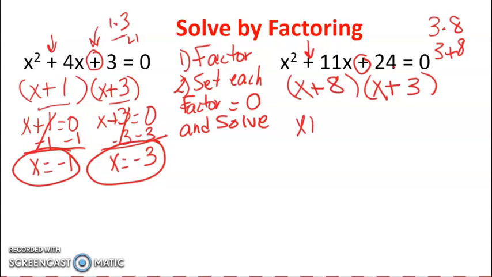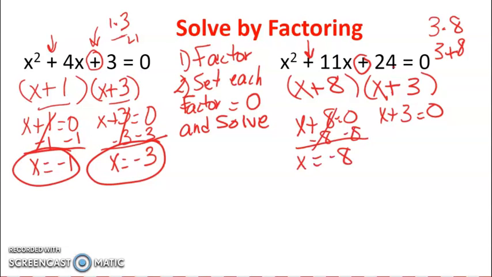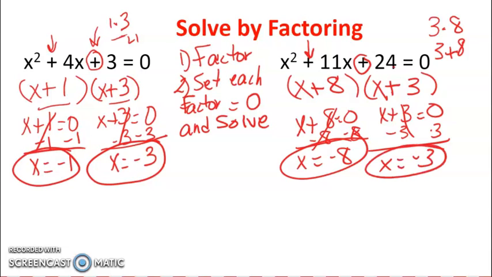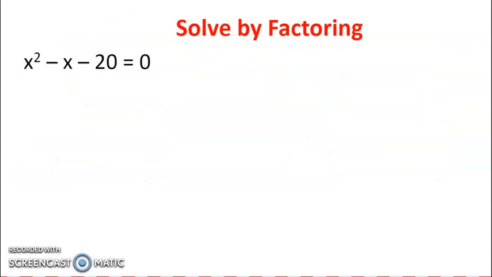I'm going to set each factor equal to 0, and then I'm going to solve them for x. So one of my x's is -8. The other x is a -3. Okay, so solving by factoring.